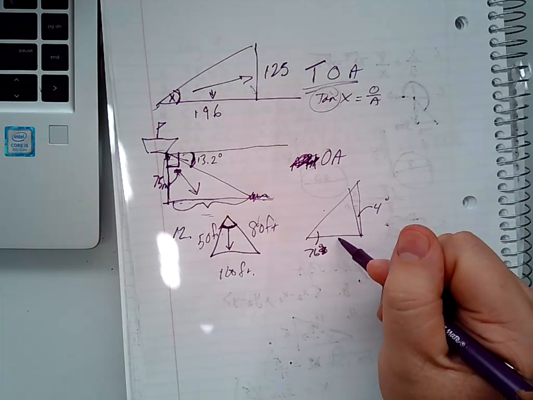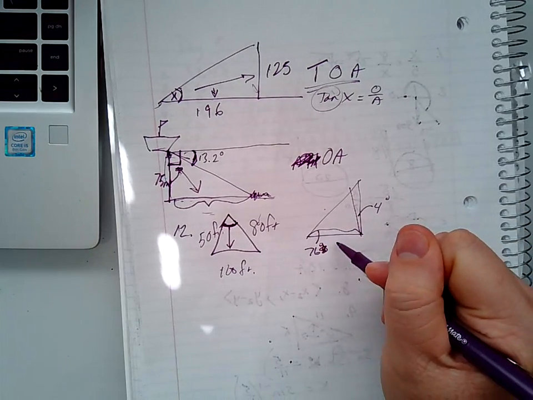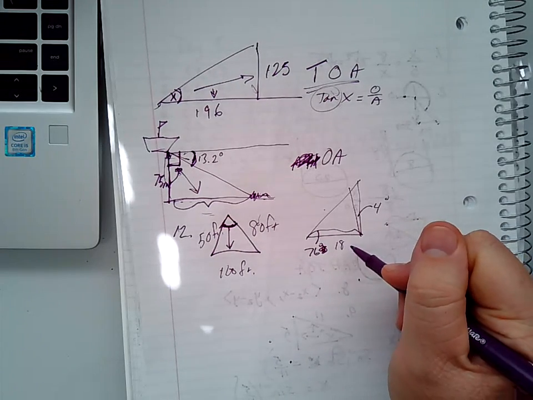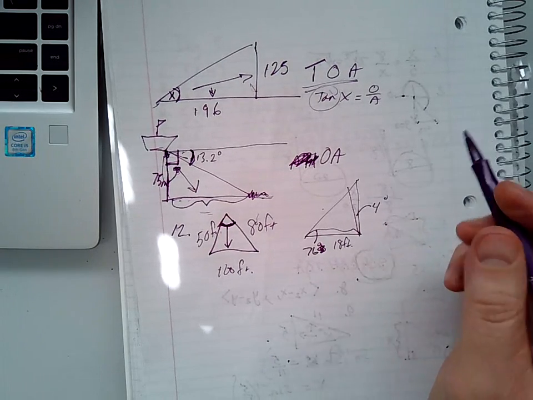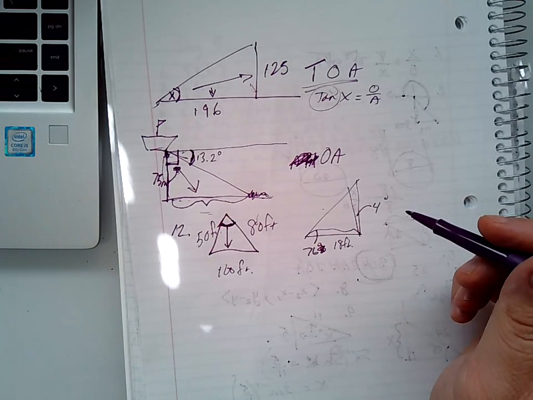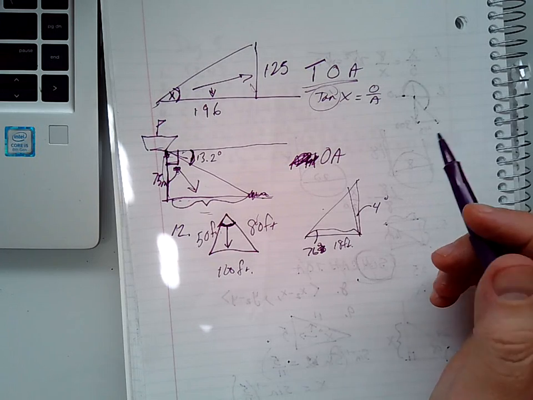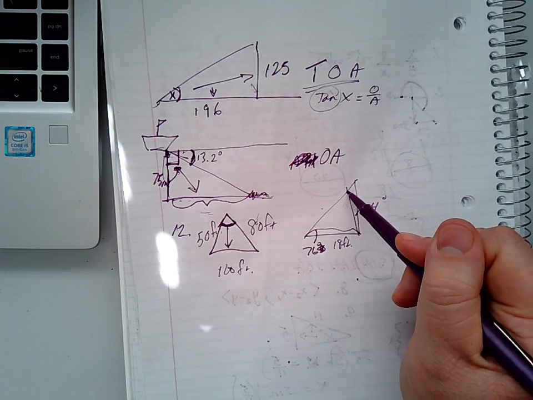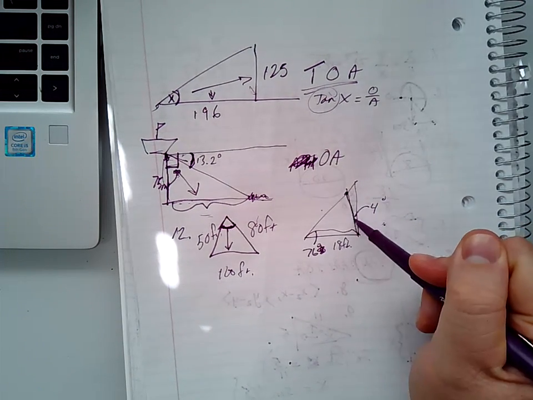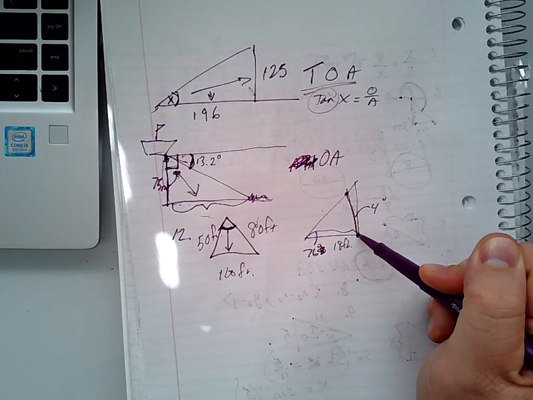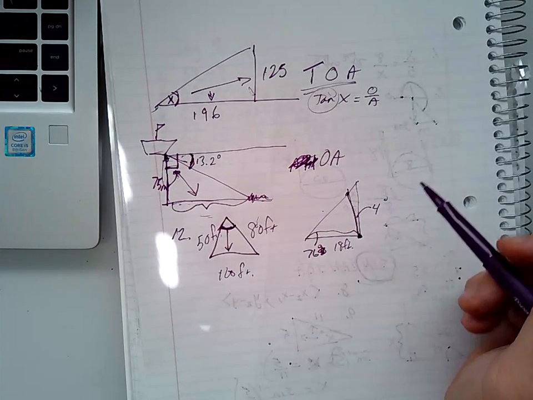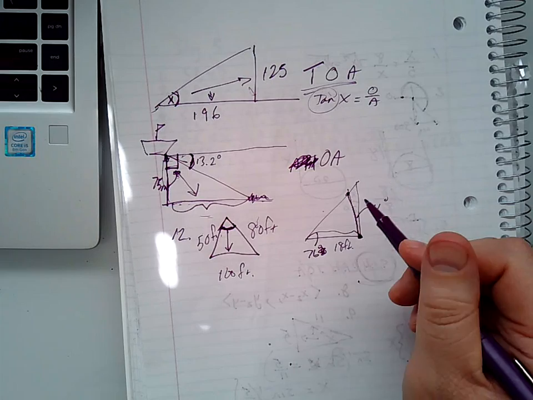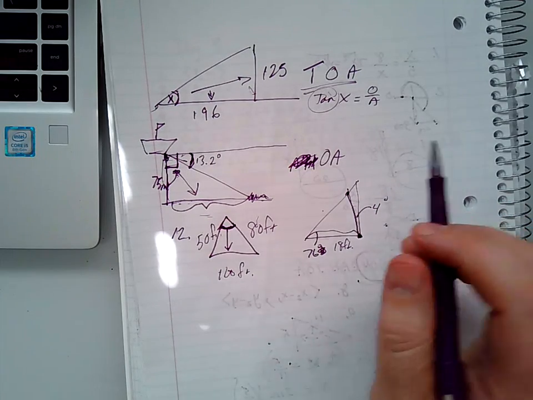Cast an 18-foot shadow. So we know that this length right here is 18 feet. Find the length of the tree to the nearest tenth of a foot. So we need to know this length from here to here. Set up your ratios, set up all that good stuff. Use your laws.